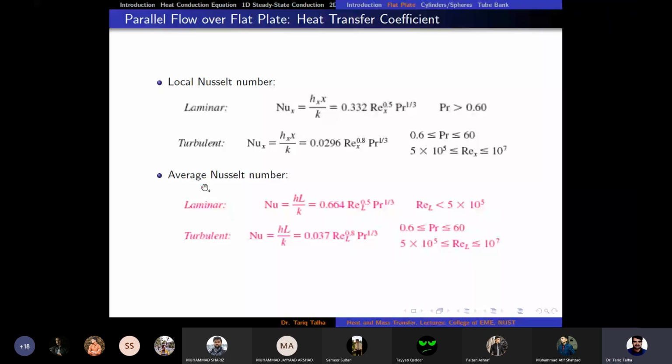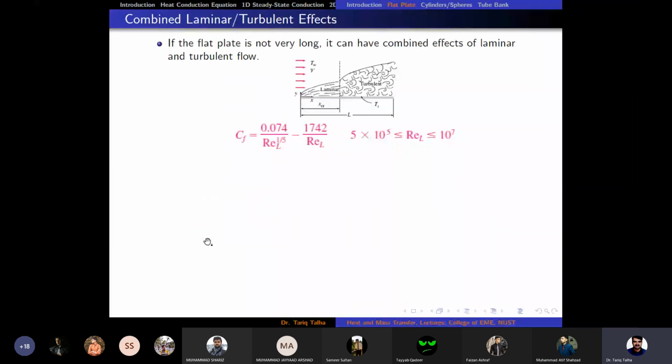We need to have the combined effect of laminar and turbulent flow. So if the flat plate is not very long, how do we define that long? It is not mentioned in the book, but for me, if the length of the flat plate is such that 90% of the flow is turbulent, then we can use only the formula applicable for turbulent flow, right?